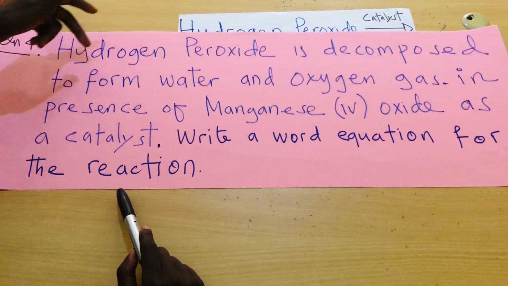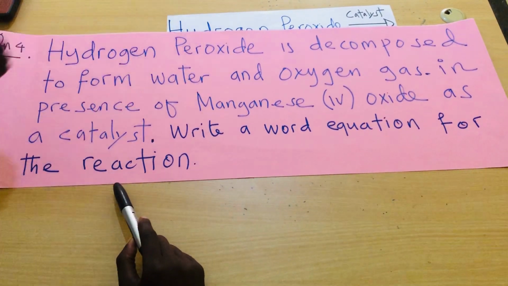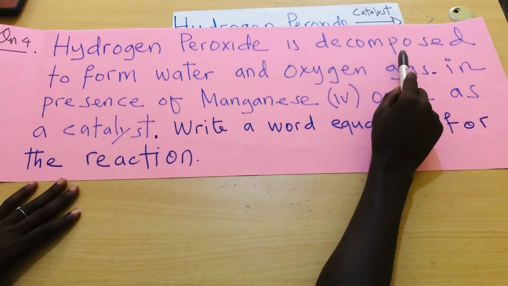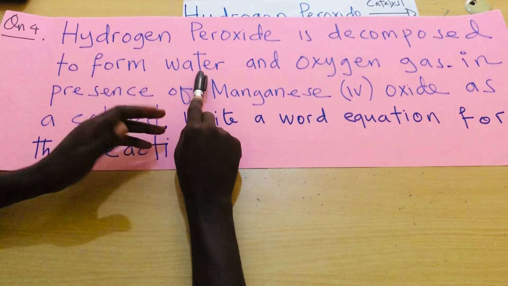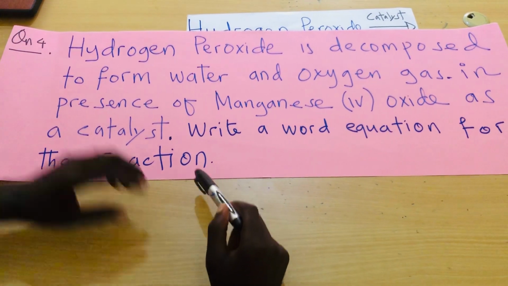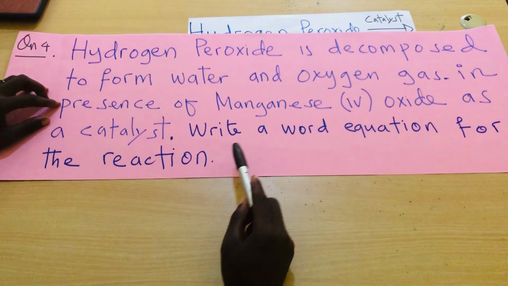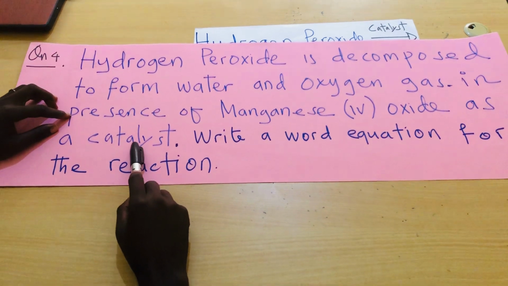So we have been given hydrogen peroxide. So hydrogen peroxide is a reactant. It is decomposed to form water. So water is a product. Even oxygen gas is a product. But this process takes place in the presence of manganese oxide as a catalyst.